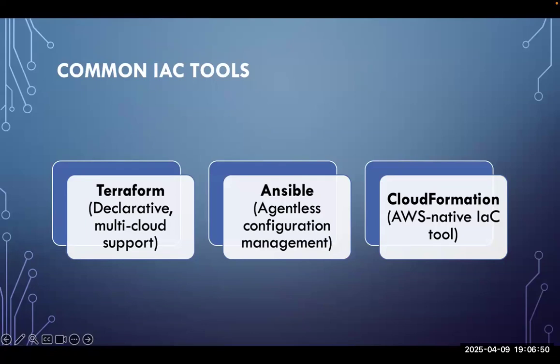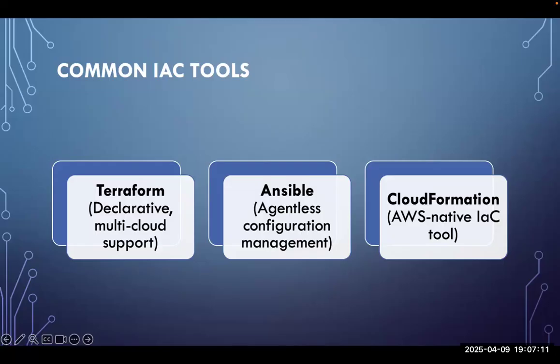Infrastructure as code relies on various tools to automate infrastructure management, each serving different use cases and workflows. Terraform is a widely used cloud-agnostic tool that follows a declarative approach to define and manage infrastructure using HashiCorp Configuration Language, also known as HCL.